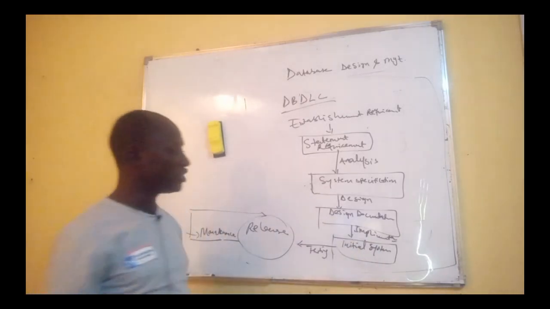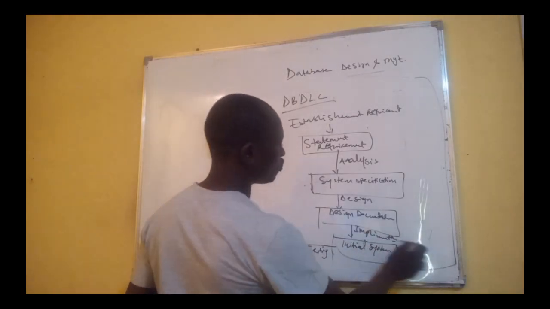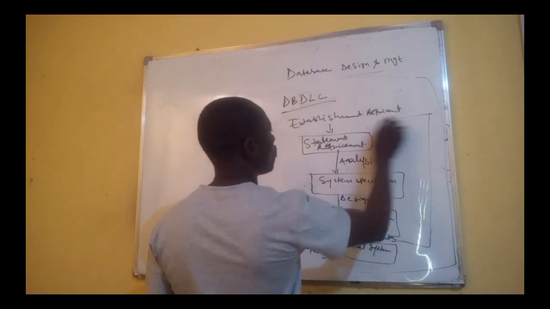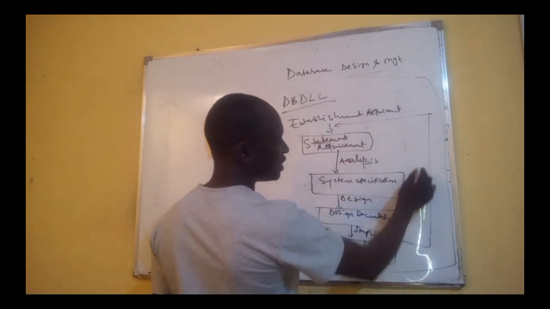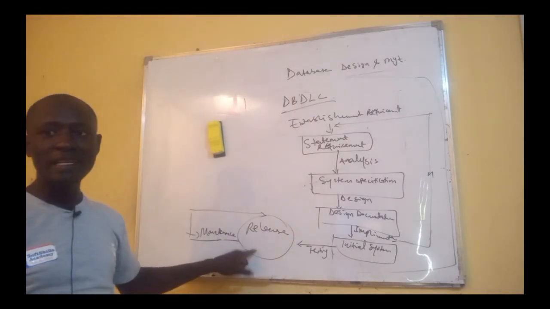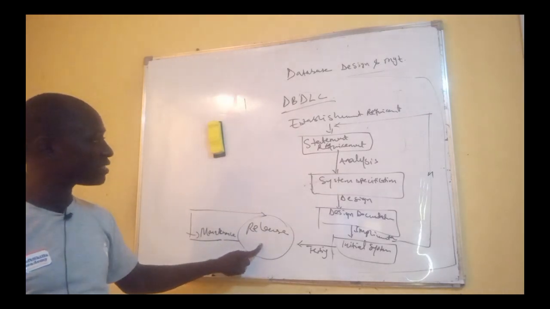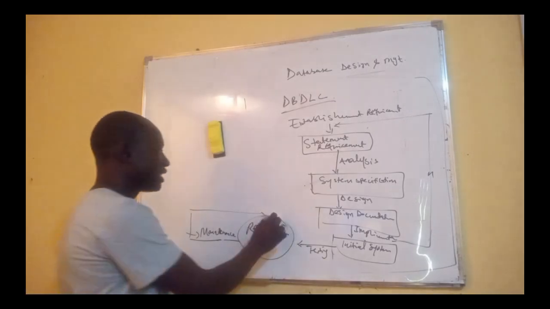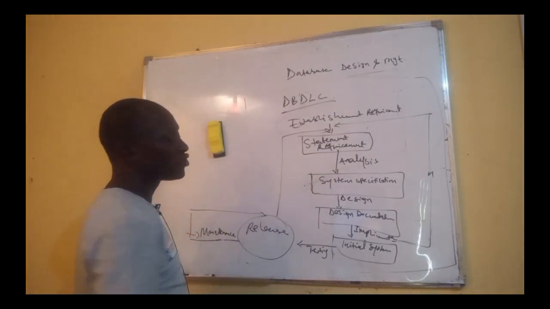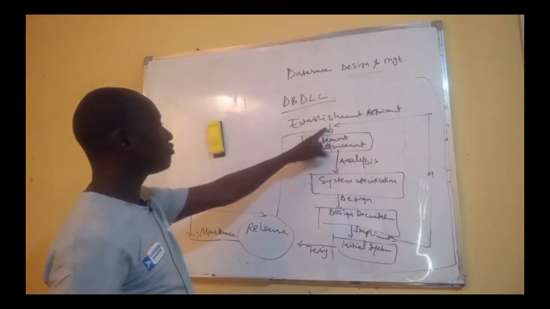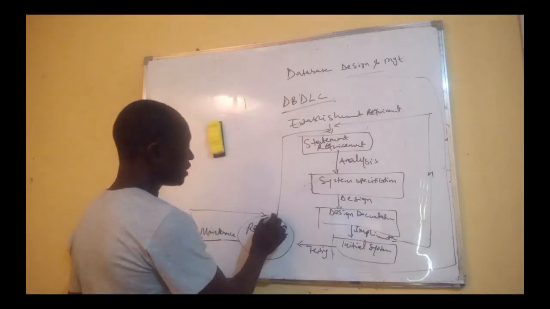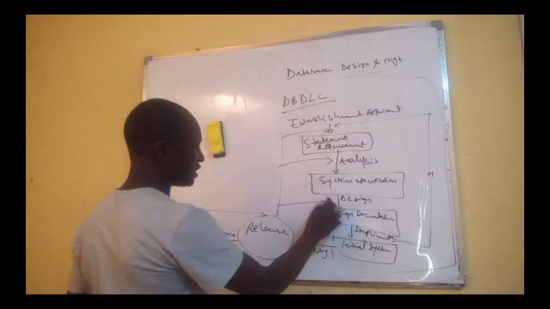If you see that you need anything from requirement, you can loop and go back to your established statement. Likewise, if you are at the release, and your final client needs some changes, they can also request you to make adjustments. But regarding this adjustment, in some scholars it is like you're going back to this, but based on the studies, from here you can move to any phase of this.